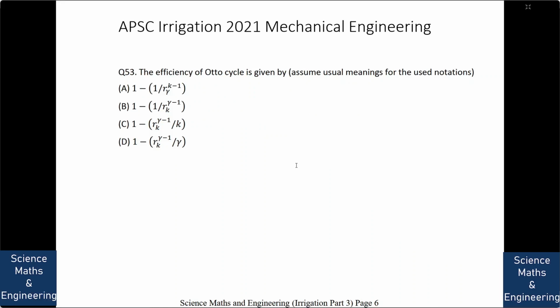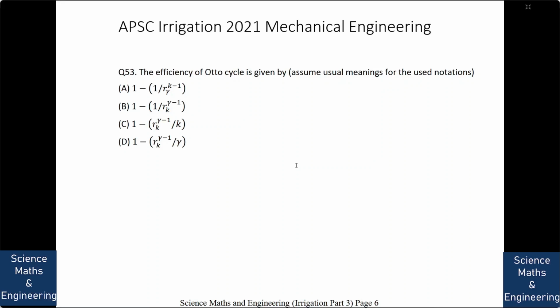The efficiency of Otto cycle is given by A, 1 minus 1 by Rk to the power k minus 1, and the notation is gamma down. B, 1 minus 1 by Rk to the power gamma minus 1.